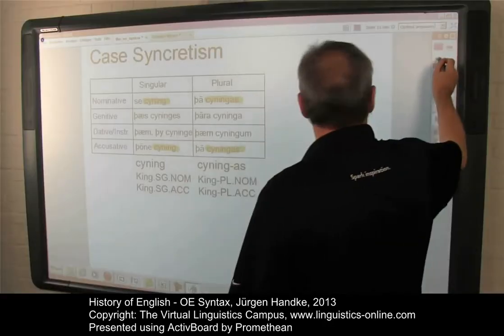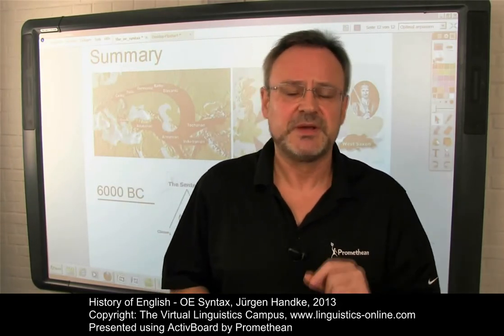Well, let's summarize. Old English syntax was in many ways far more flexible than present-day English. Its word order was relatively flexible and phrasal patterns allowed more variation. However, by the end of the Old English period, several syntactic patterns had already become more or less fixed.